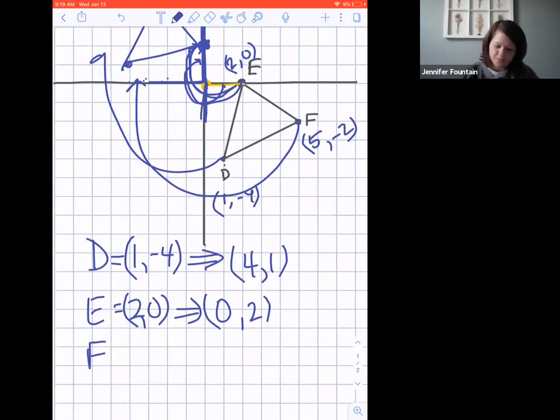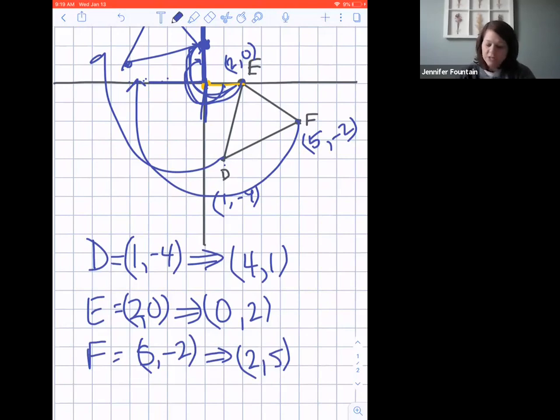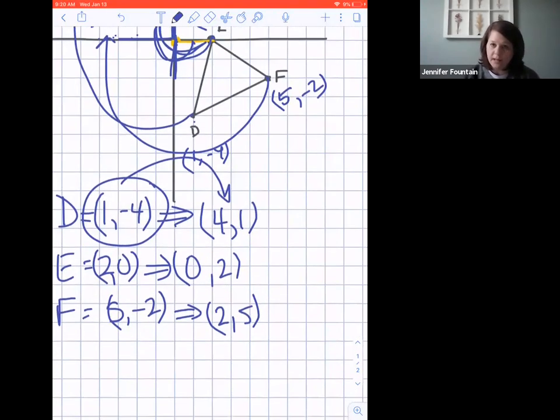And then F started out as 5, -2, and it became 2, 5. So look at that pattern there. Do you notice how we started out with 1, -4, and it flip-flopped to become 4, 1?